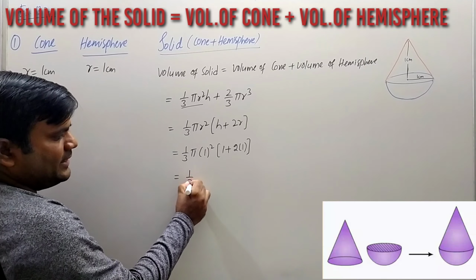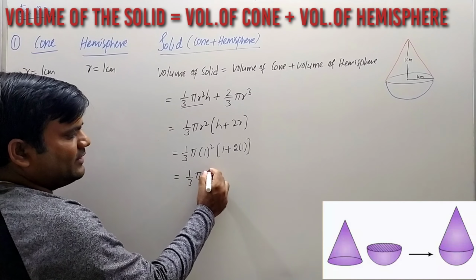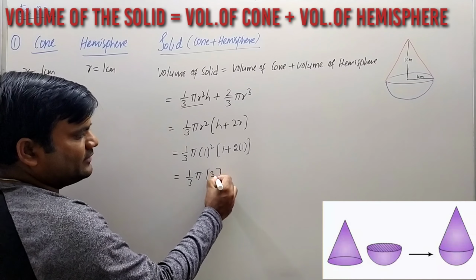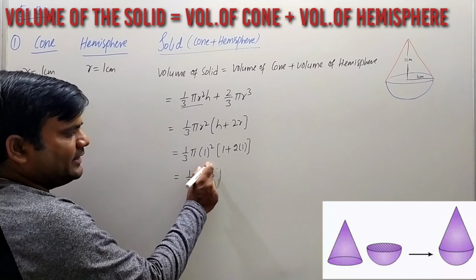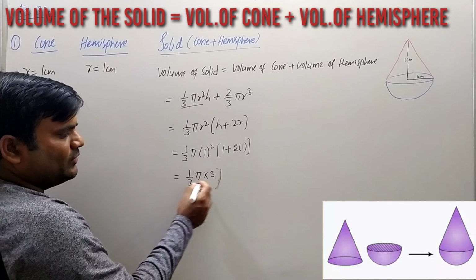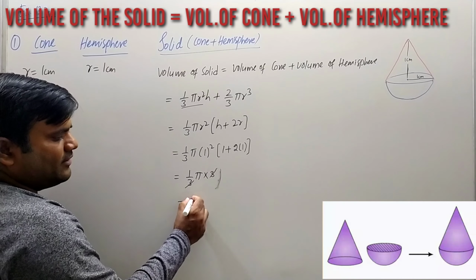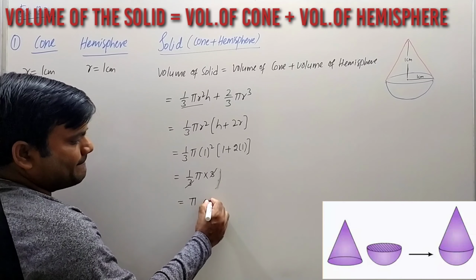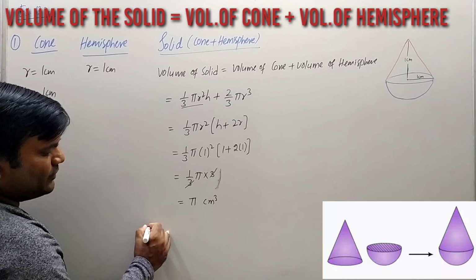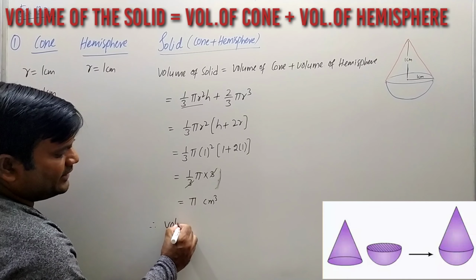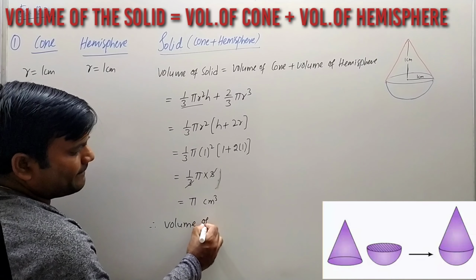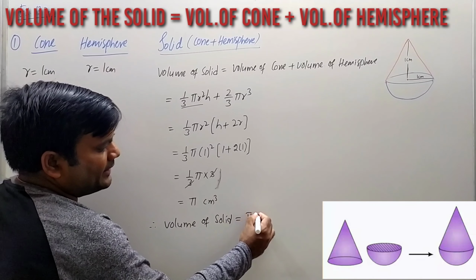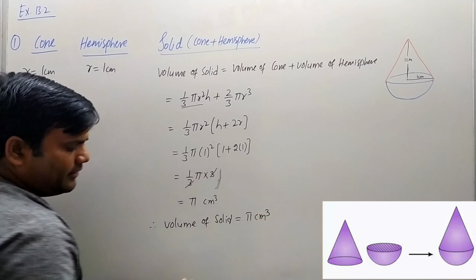So 1 by 3 pi, 1 square is 1, into 2 plus 1. This one is 3, so 1 by 3 pi into 3. The 3 gets cancelled, so pi centimeter cube. Therefore the volume of the solid is pi centimeter cube.